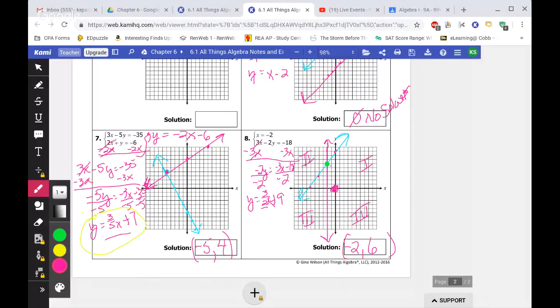Tell me what your line equation is for the first equation. What did you end with? Y equals what? 3 over 5x plus 7. Okay. And what did you end with for your second equation? Y equals negative 2x minus 6.